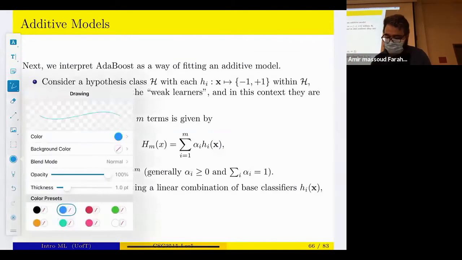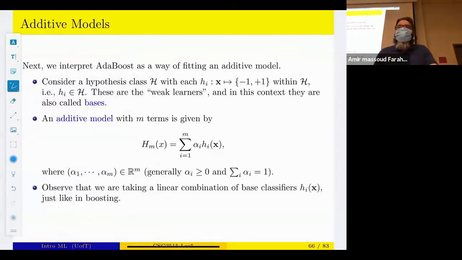So what is an additive model? Consider some hypothesis class, H, with each hypothesis being a mapping from input to a binary output, -1 or +1. Each of these h_i belongs to this class of hypotheses. So this is the space of your models.